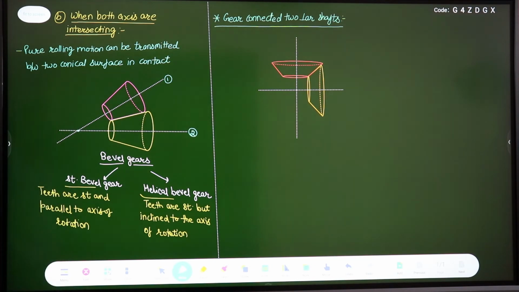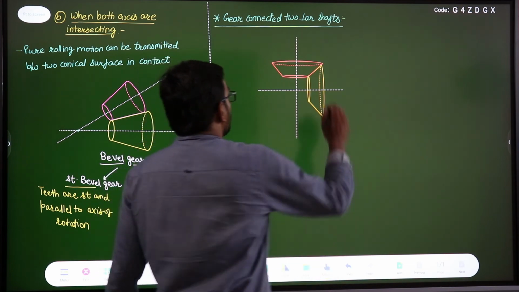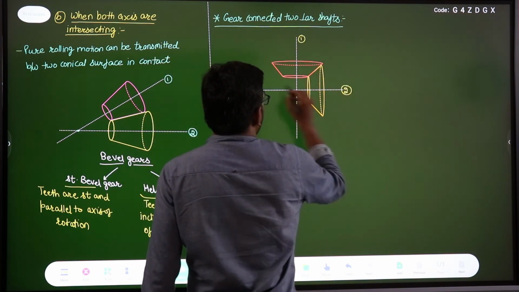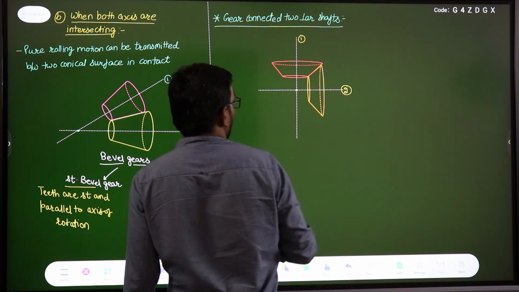Right, now suppose these two shafts are perpendicular to each other, suppose this is your shaft 1 and this is your shaft 2. This is the axis of shaft 1 and this is the axis of shaft 2. They are perpendicular to each other.